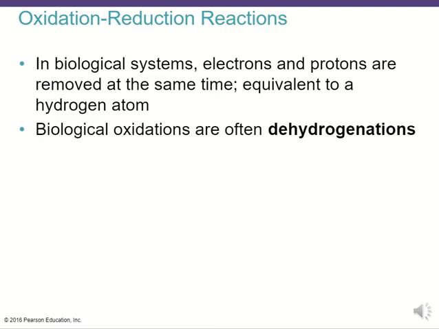In biological systems, electrons and protons are removed at the same time. This is equivalent to a hydrogen atom. In other words, a hydrogen atom is just a proton and an electron. So removing both effectively means the transfer of a hydrogen atom. Biological oxidations are often dehydrogenations, or the removal of hydrogen.